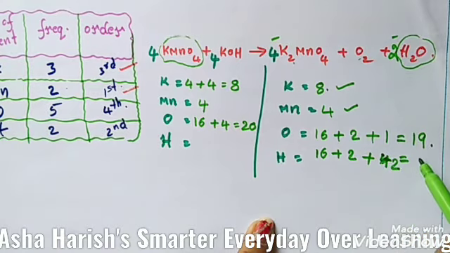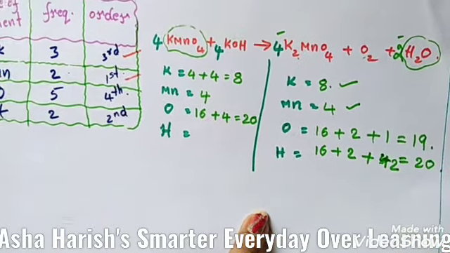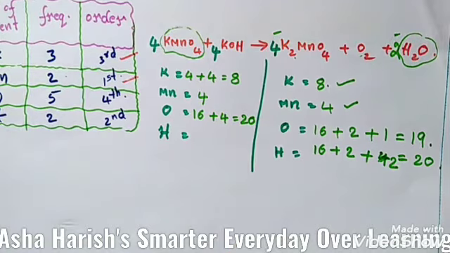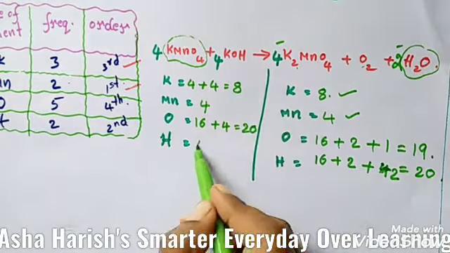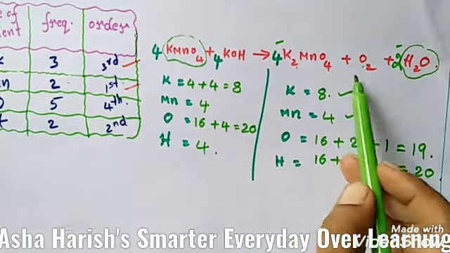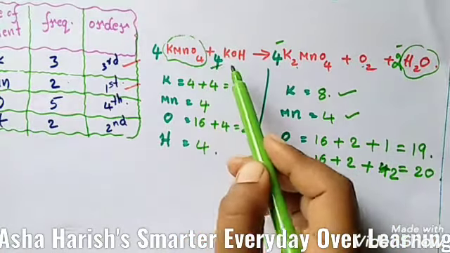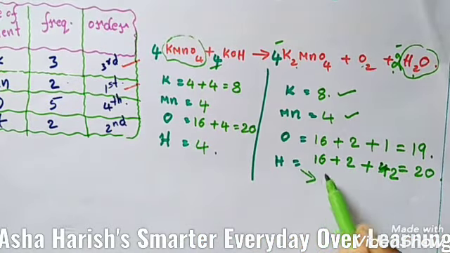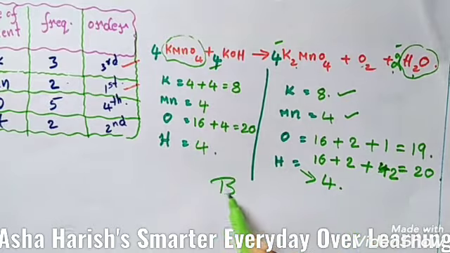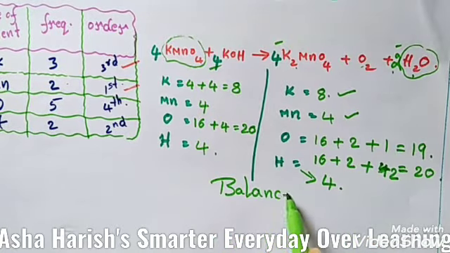Now the number is 20. So oxygen is also balanced here. And what about hydrogen? You need to count here 4 hydrogens, okay, 4 you can write down. In the reactant side 4 is completed, and in the product side 2 2s are 4. Now hydrogen is 4, hence this is balanced.